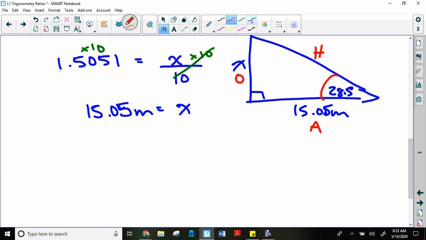We have to use tan again. Tan of 28.5 equals opposite over adjacent.